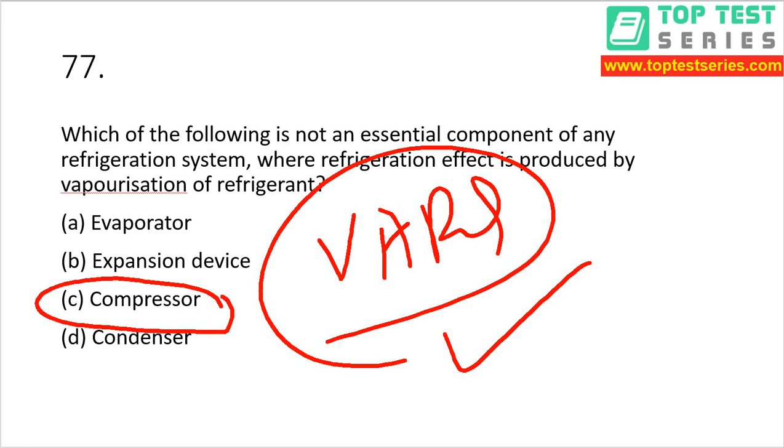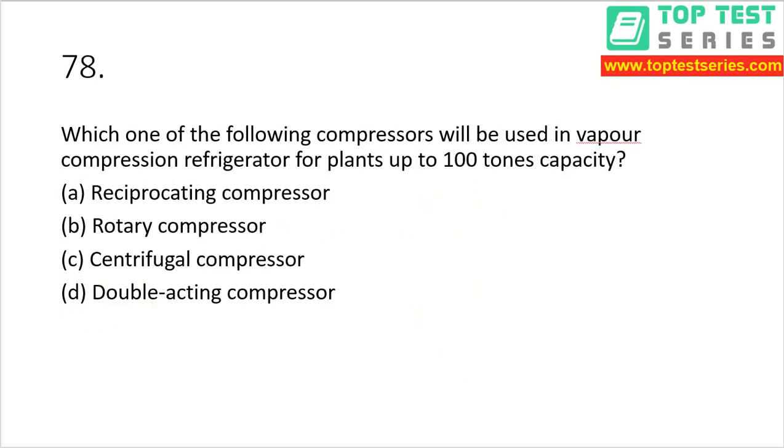Instead of a compressor, we use rectifier, analyzer, and then pump, absorber, as well as generator. So what exactly is the compressor doing in VCRS? In case of VARS, all these components, generator, pump, rectifier, analyzer, absorber, do the same job for this refrigeration system. That is why option C is the correct answer for this question.